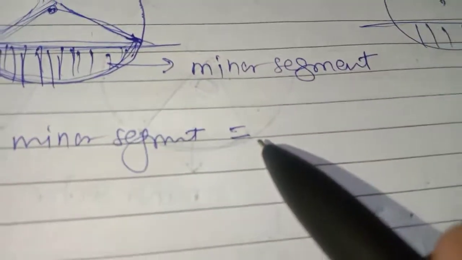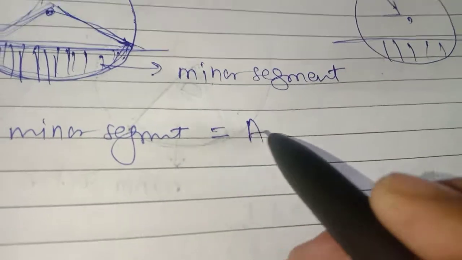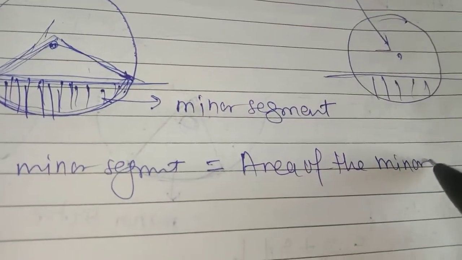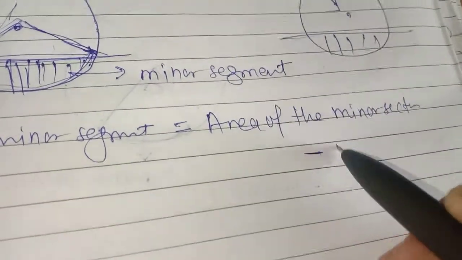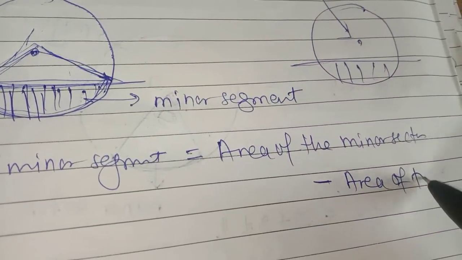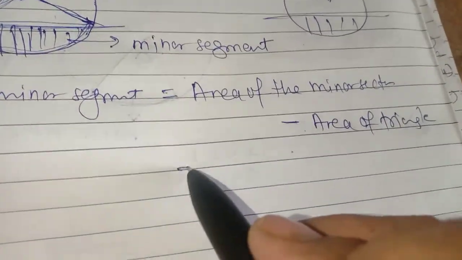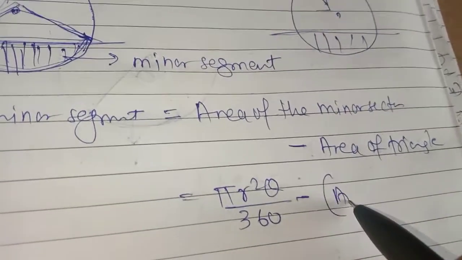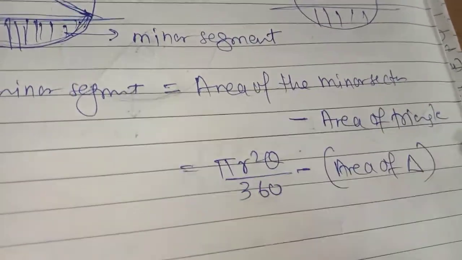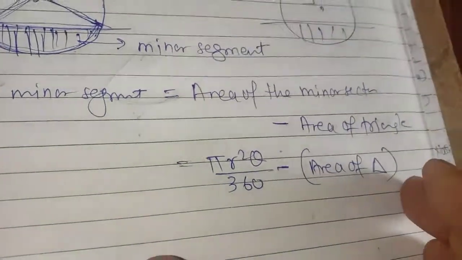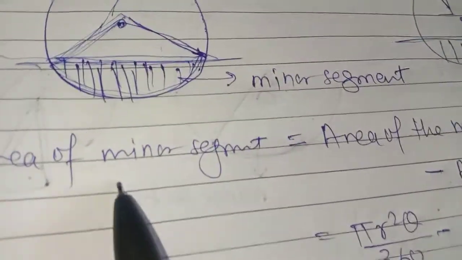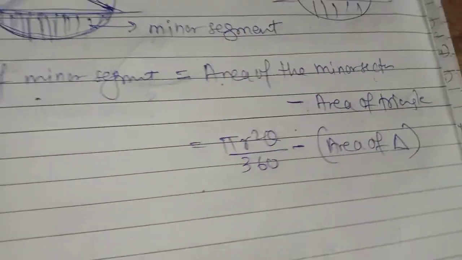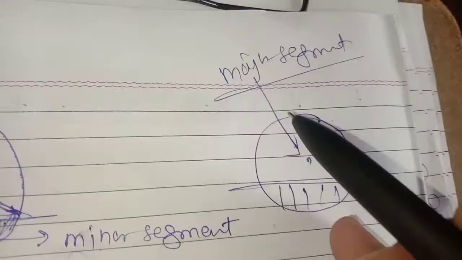So the area of minor segment is the area of the minor sector minus the area of the triangle. Simply, we can write the formula: pi r square theta upon 360 minus area of triangle. I will explain that in the next segment, where we have three types of triangle for the segment. So first, remember this formula: area of minor segment is equal to area of the minor sector minus area of triangle.